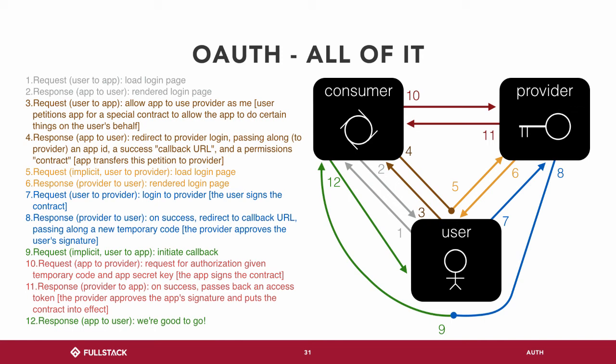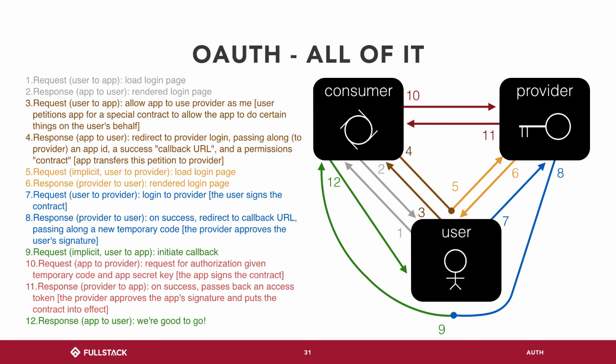What they've done is that in step three, they've said, I want to log into this third-party provider. We've sent them back a response, but that response has automatically been redirected to the provider. It's implicitly been done. There's nothing that they've had to do. They've already done that in step three. So the provider is responsible for rendering some type of login page.